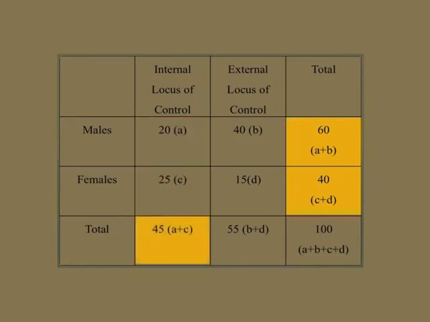To calculate the column total of external locus of control, we add 40 plus 15 equals to 55. And the grand total, which is the sum of all the scores, is obtained by A plus B plus C plus D, which equals to 100.